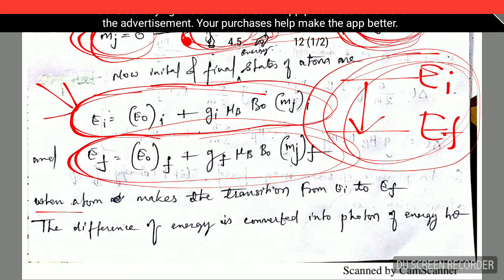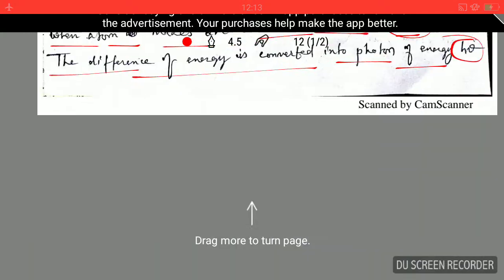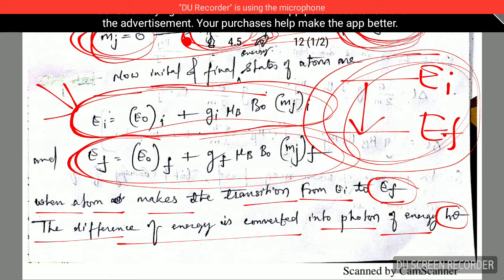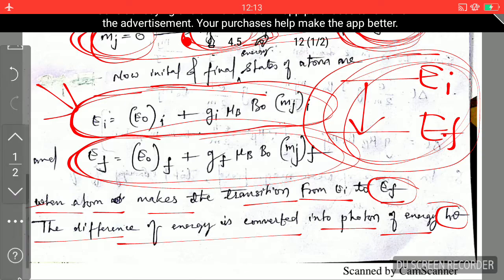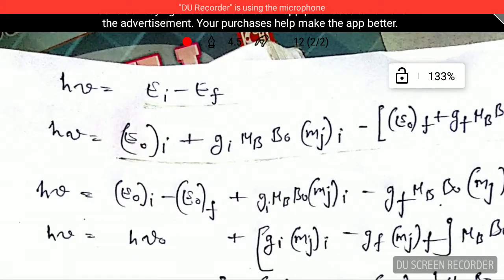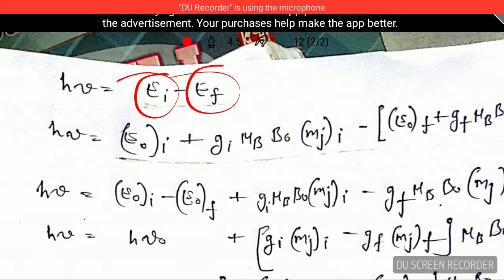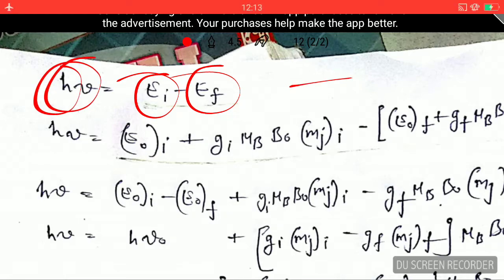When the atom makes this transition, the difference in energy is converted into a light photon of energy h nu, and we all know that's Planck's law.